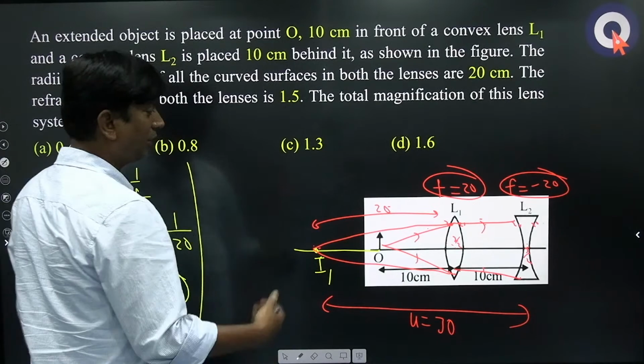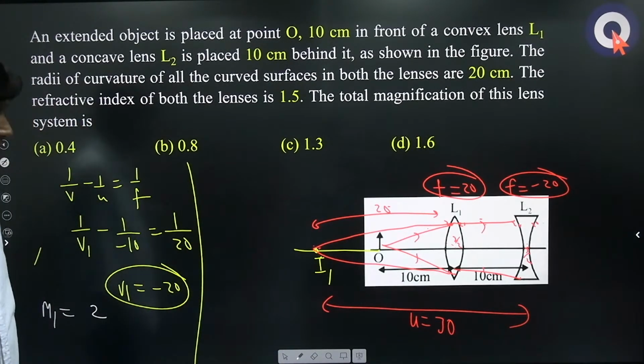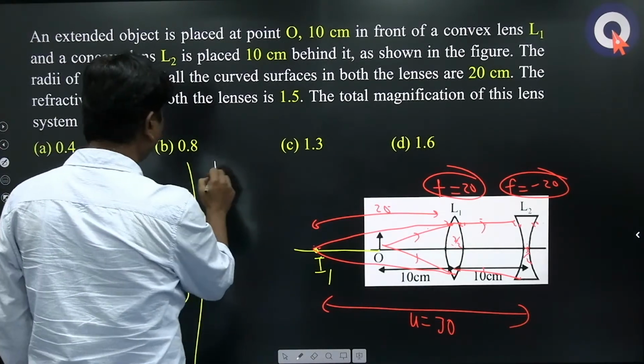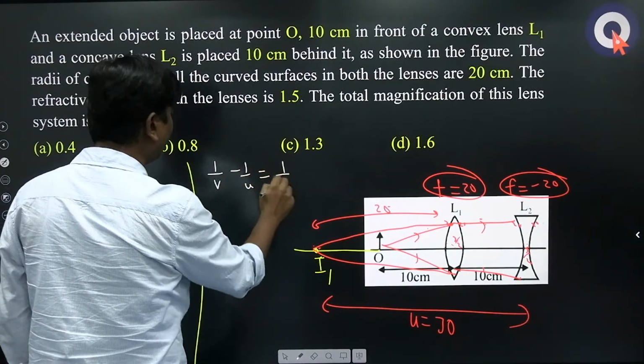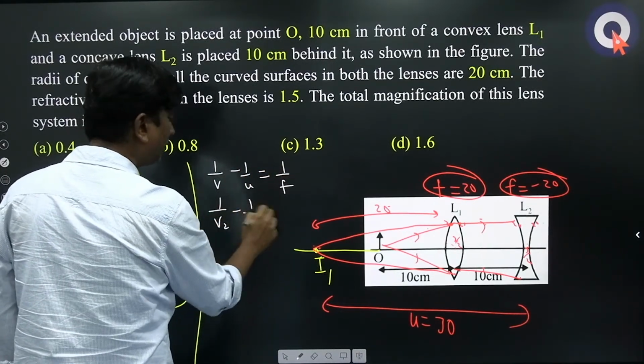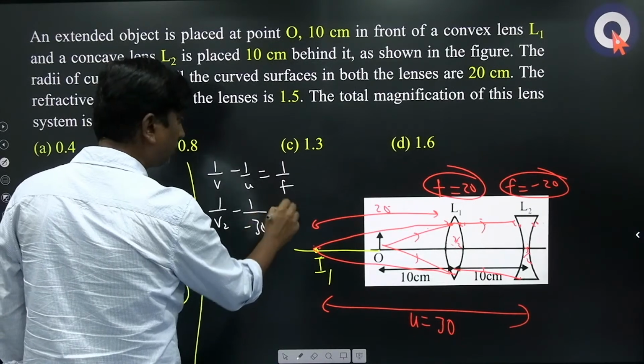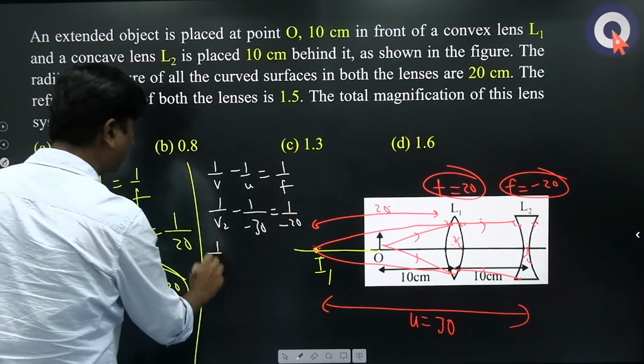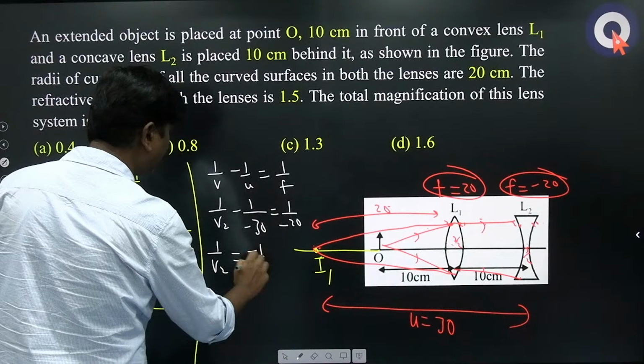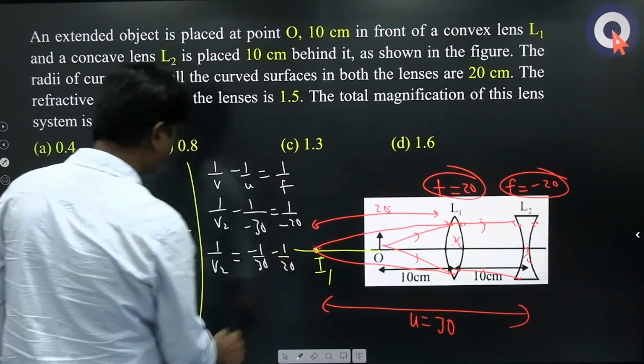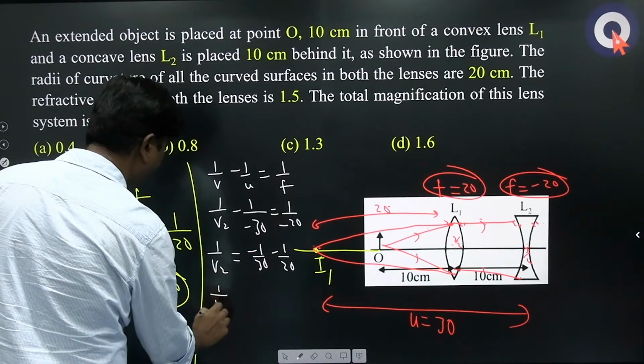Next for the concave lens, object distance is considered to be 30, focal length minus 20. So what is the position of the image? Say 1 by v minus 1 by u is equal to 1 by f. 1 by v2 minus 1 by u, where u is minus 30, so equals 1 by minus 20. So 1 by v2 will be equal to minus 1 by 30 minus 1 by 20.